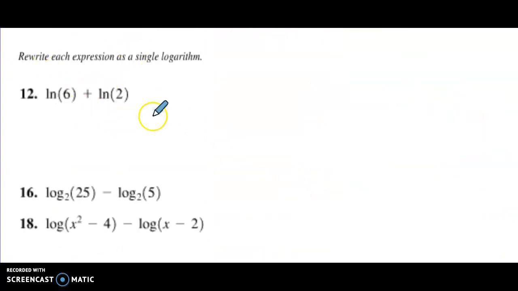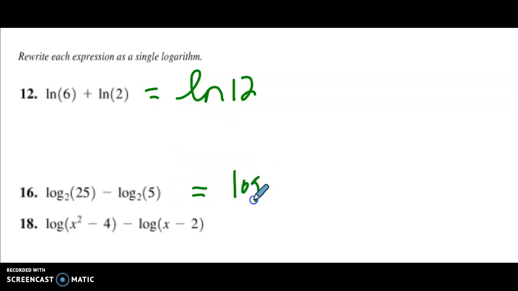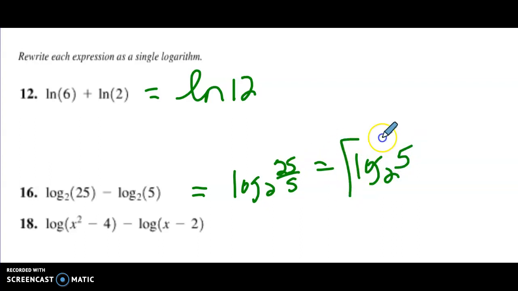So if we're going to write this as a single logarithm, this is the natural log of 12. This was the natural log of the product 6 times 2. This is the log base 2 of, since this is subtracting 2 logs, it must have come from division. So this is the log base 2 of 5 is the answer to that one.